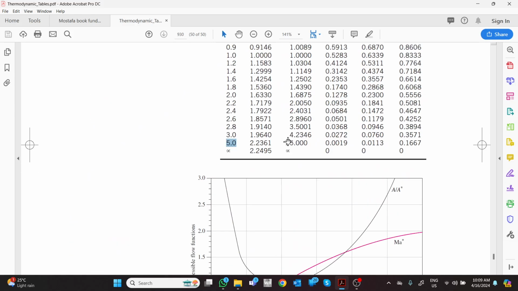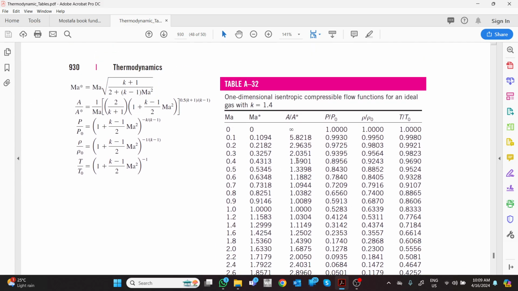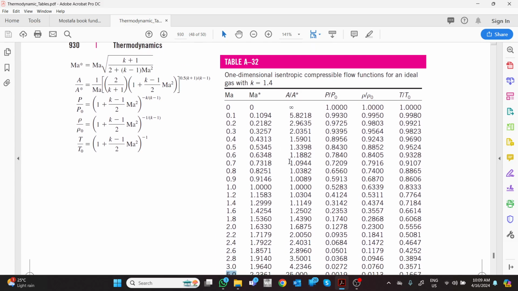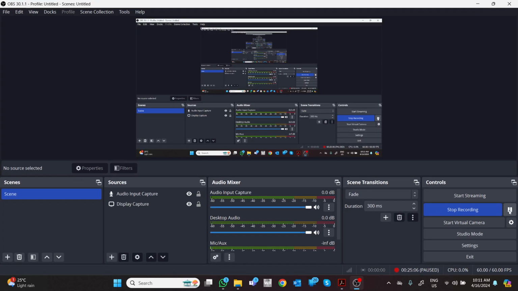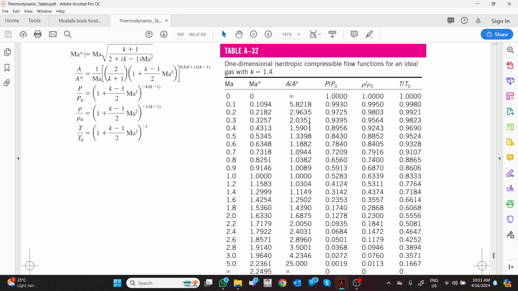One second. I don't know where it is. Okay, I just didn't notice before. It starts from 5 and goes back again to 5, by the way. For example, this is 2.9 and this is almost 2.9. So at 2.9, this is 2.6 as the diverging duct, and it is 0.2 at the converging duct.